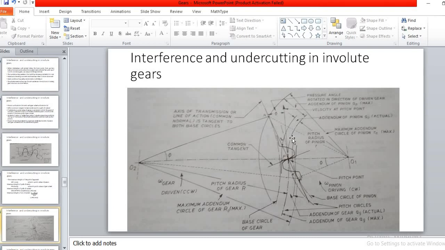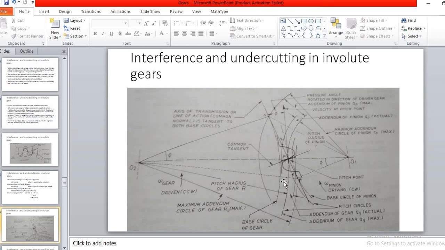This L is cut by the addendum circle of the gear having center O1, and this K is cut by the addendum circle of the gear having center O2. So K and L is the path of contact. Now this is the path of contact represented for the original addendum.